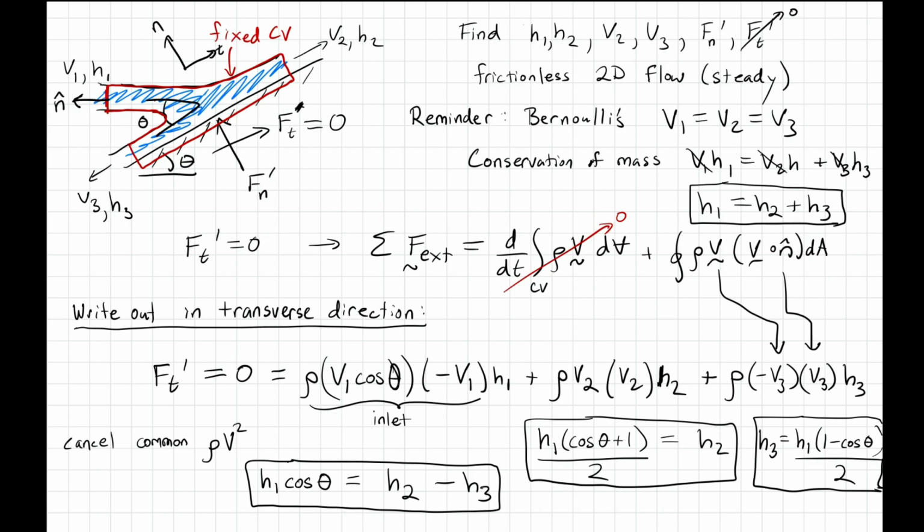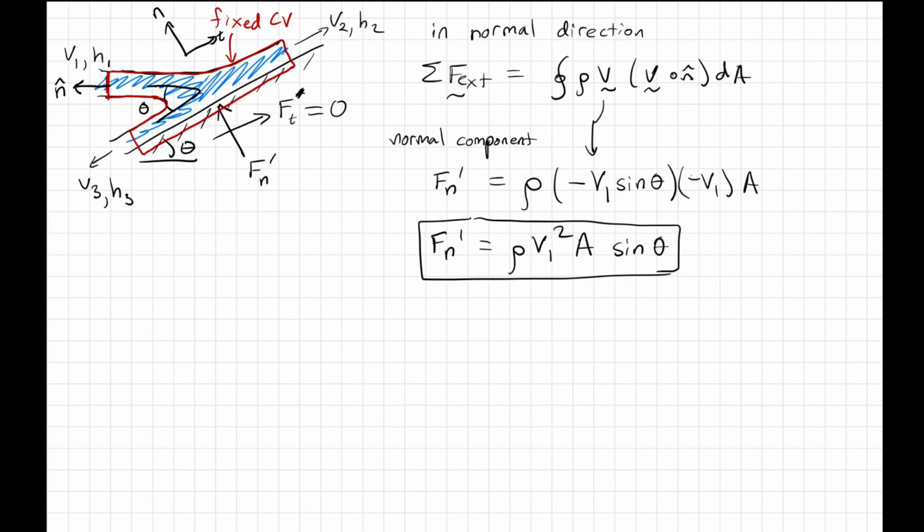And I think that would be difficult to do without some approximation of what the velocity profiles look like. But anyway, for a frictionless flow, it's actually quite easy to write out these momentum balances. All right, so that completes that problem.